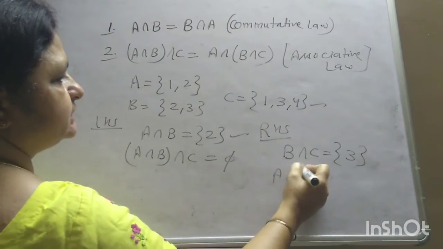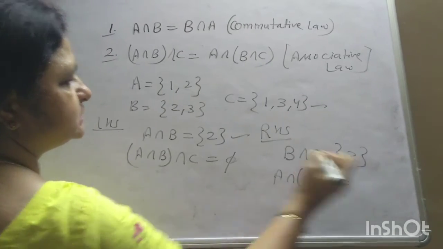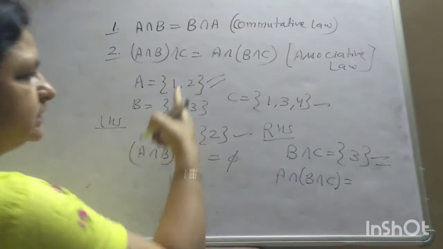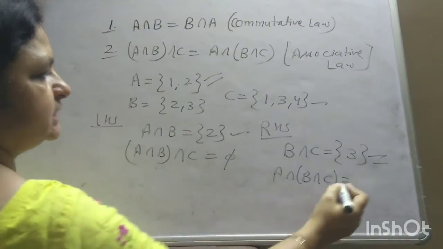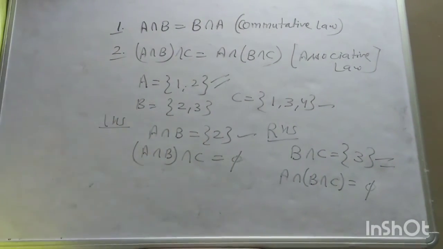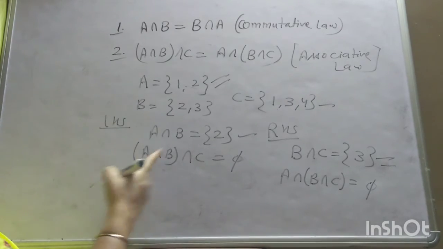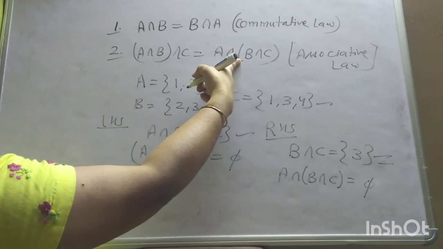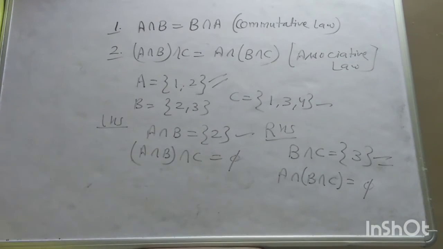Now, A intersection 3: nothing is common in these two sets, so result is phi. It means the left hand side is equal to the right hand side. Therefore, this result is equal to this. It means associative law.